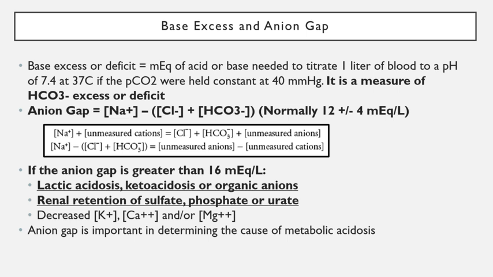So if it's greater than that range, you have lactic acidosis, ketoacidosis, or organic ions kind of appear. You have renal retention of sulfates and phosphates or urates, and it'll lead to decreases in the ions. So it's important in determining the cause of this metabolic acidosis.